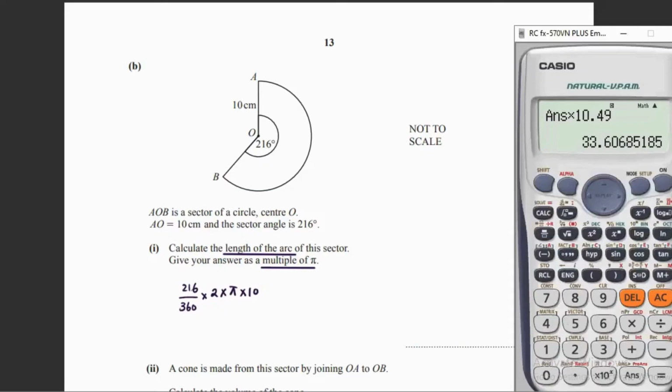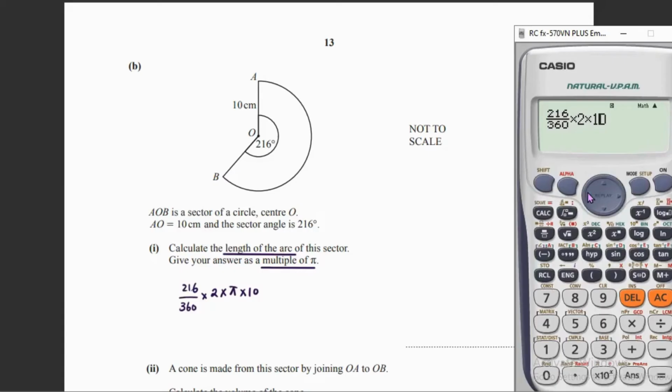But this time, I'm not going to put it with pi because I need to get the answer in terms of pi. So I'm going to put everything else without writing pi. So 216 over 360 times 2 times, I'm going to skip pi and then write 10. So when I do that, I get 12. Even if I write it with pi, I will get it in terms of pi.